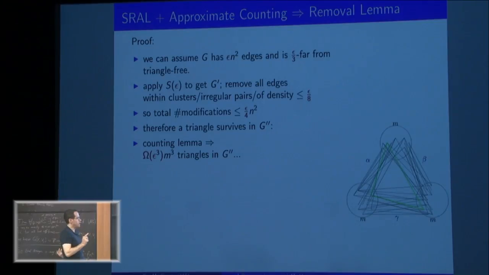And the thing is, what is m? M is the number of vertices in a cluster. But remember that the partition is an equitable partition. So m is actually equal to n over the number of parts, n over a tower.